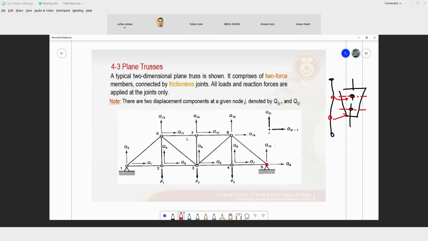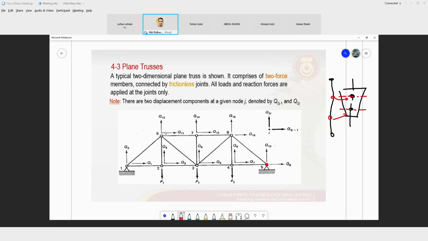Tapi untuk plane trusses, we don't have this way where the point load is applied. But in this case, the load as mentioned here, and also the reactions, are applied at the joint only.